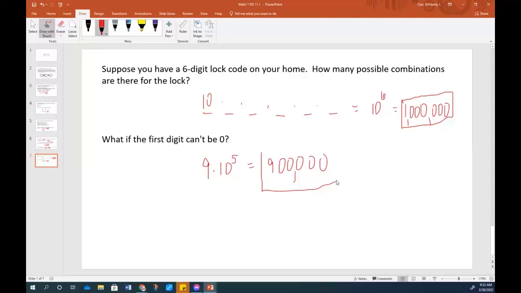So just taking the 0 out of that first digit actually lowers our value by 100,000 choices. It's pretty incredible. This is some of what is used, though, in determining numbers that we are so used to, such as phone numbers or license plates on cars.